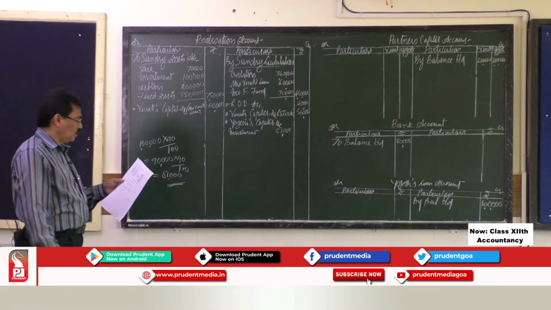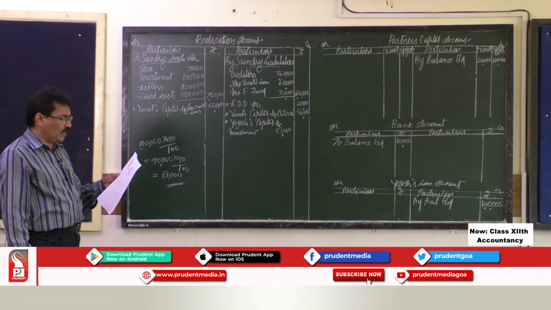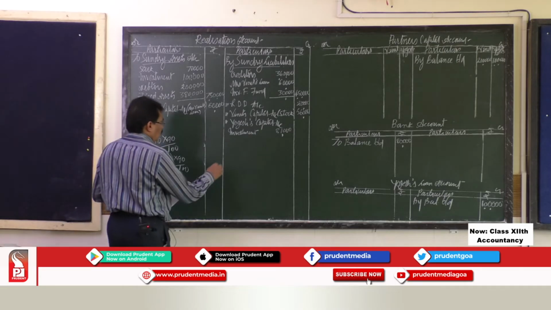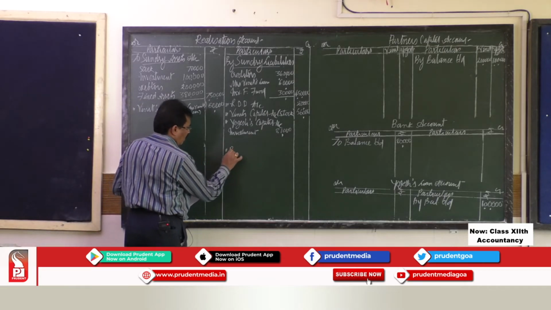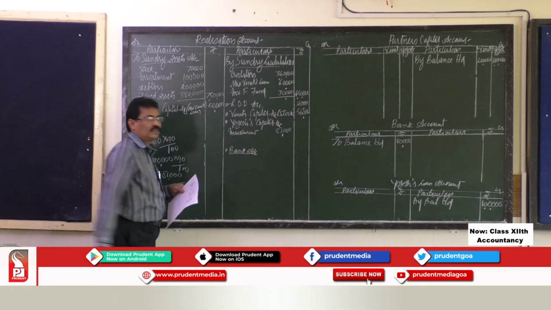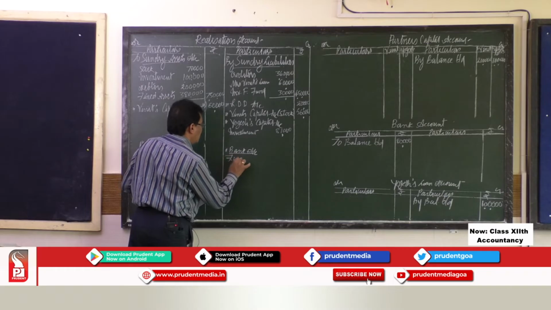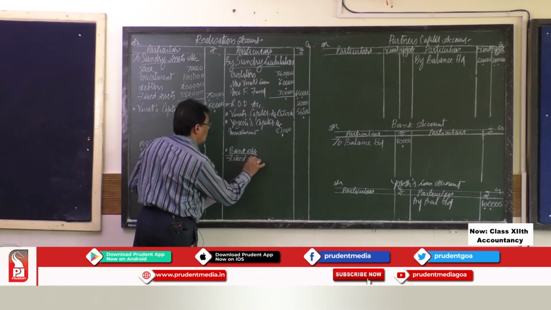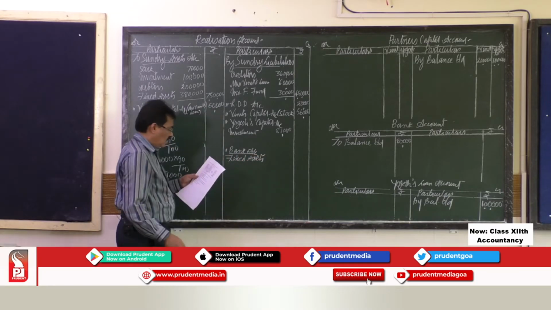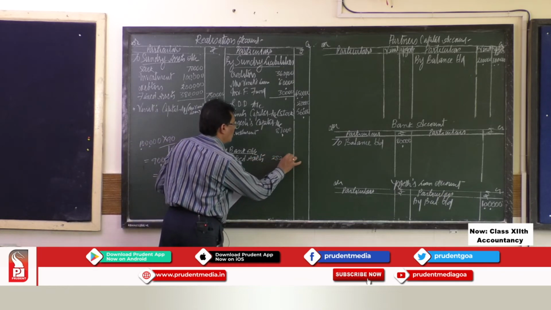Now, coming to the third adjustment, fixed assets realized rupees 2,82,000. So, by bank account, when you sell the assets, you are going to get the money. So, we sold fixed assets for 2,82,000.